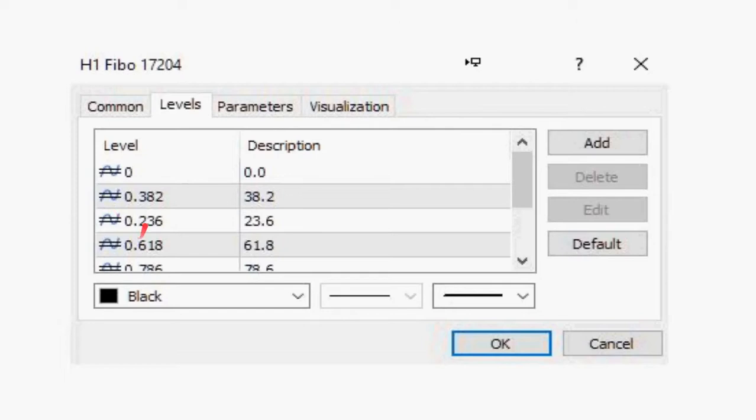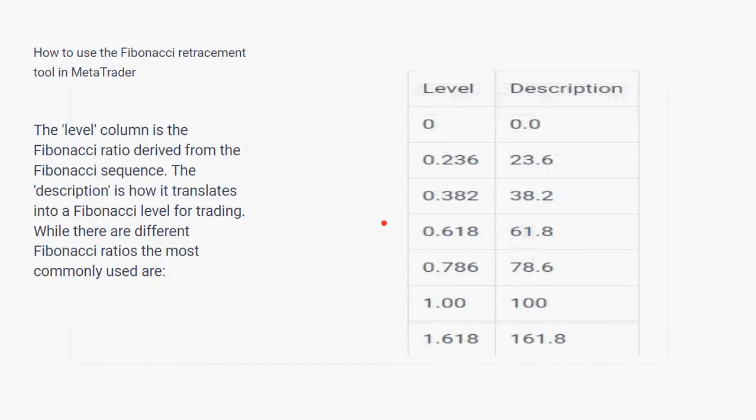The level column is the Fibonacci ratio derived from the Fibonacci sequence. The description is how it translates into a Fibonacci level for trading. While there are different Fibonacci ratios, the most commonly used are these ones right here.